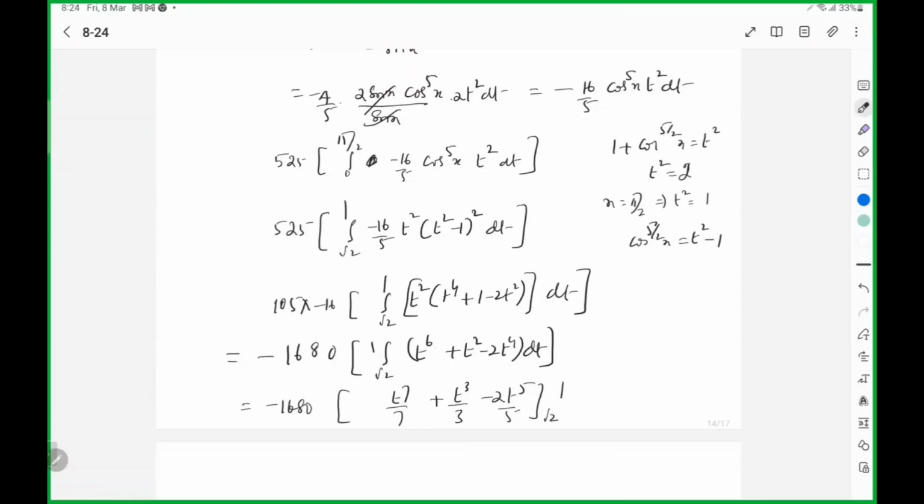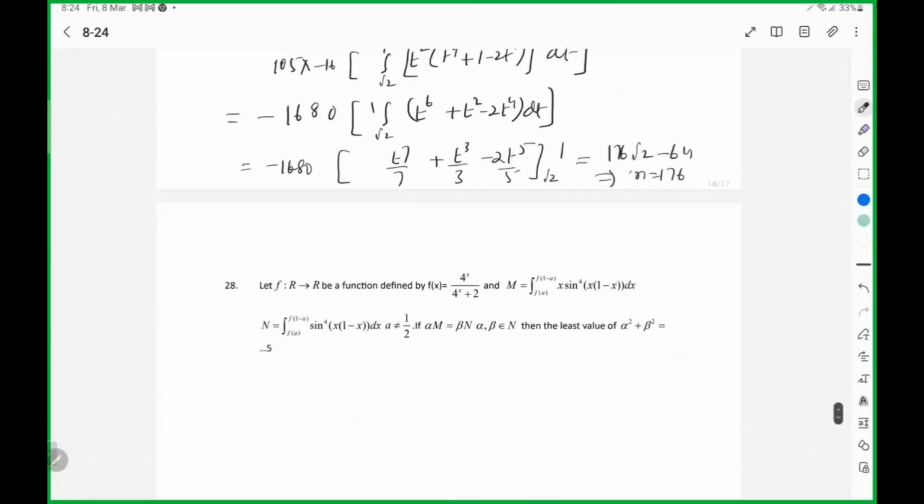So this simplification will give us finally 176 root 2 minus 64. And here it is 176.